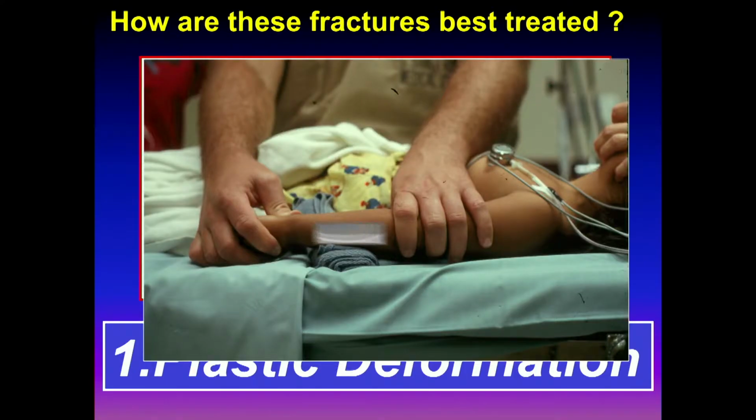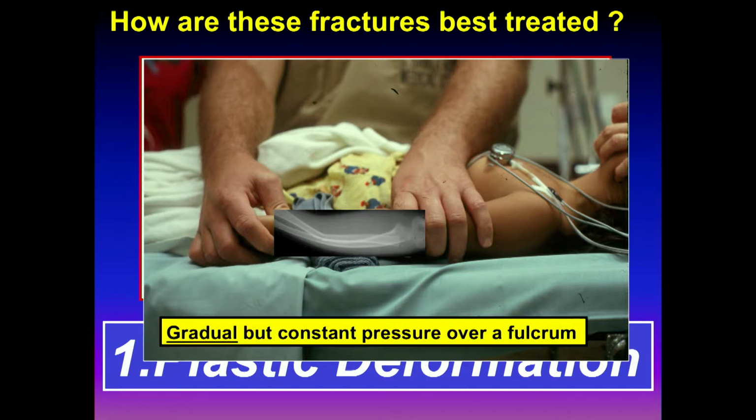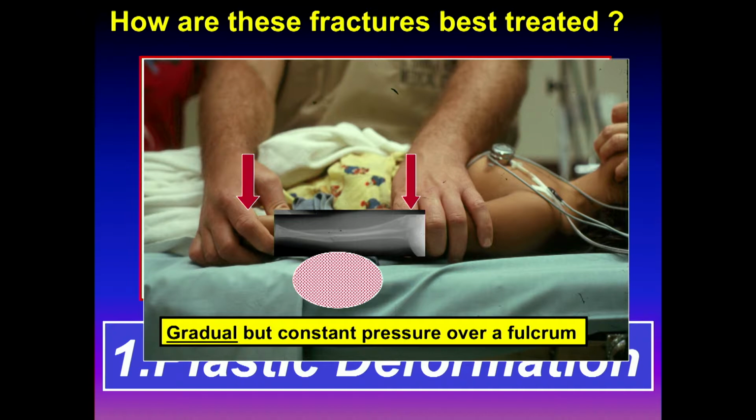You have to realign the internal structure, and that usually requires this technique. This technique was devised and published by one of our former residents about 20 years ago. You put a gradual, constant pressure over a fulcrum, and with that you will improve it.